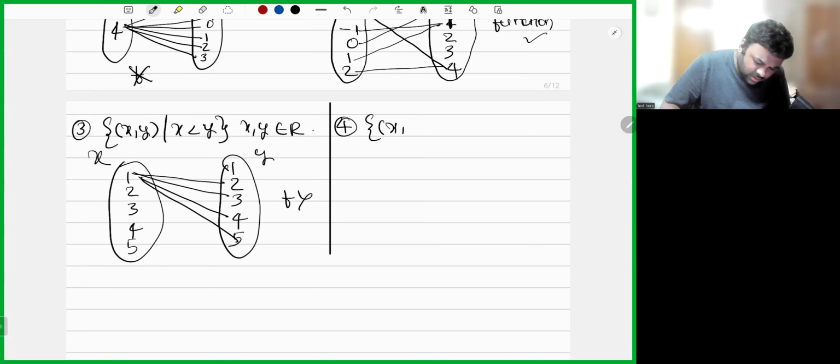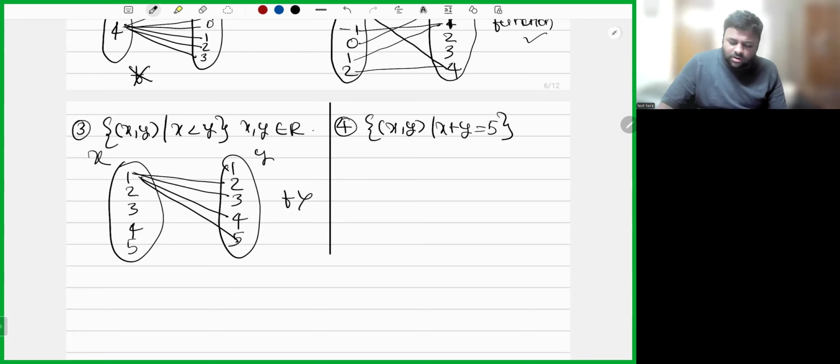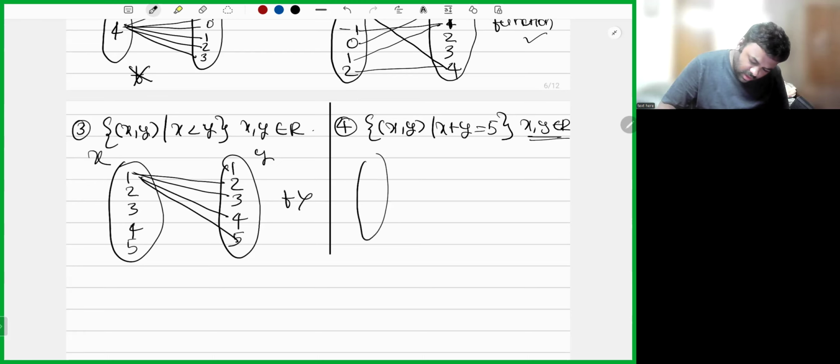The set of (x, y) such that x plus y is equal to 5. Is it a function or not? x, y belong to real numbers. Let's check.